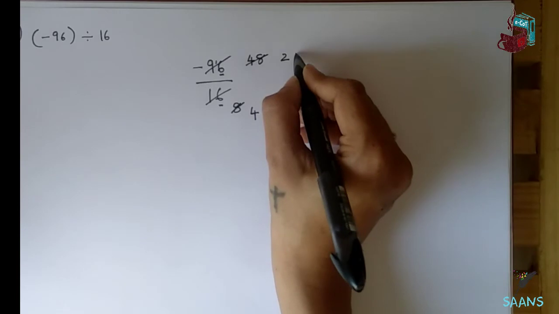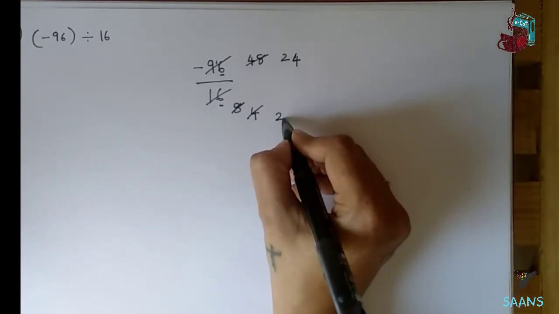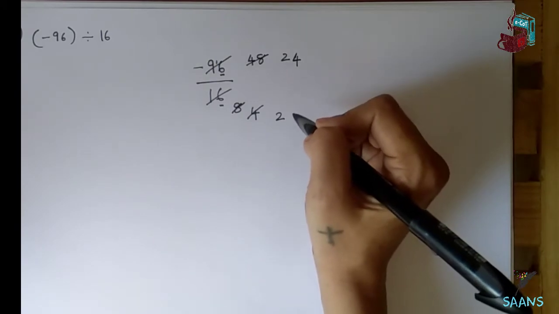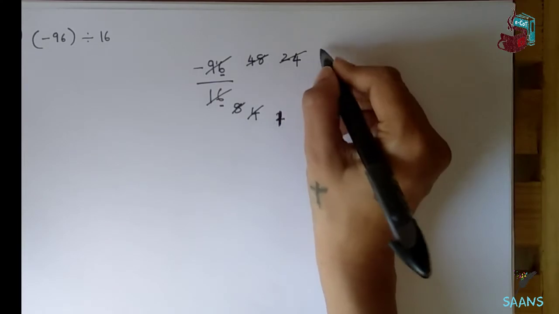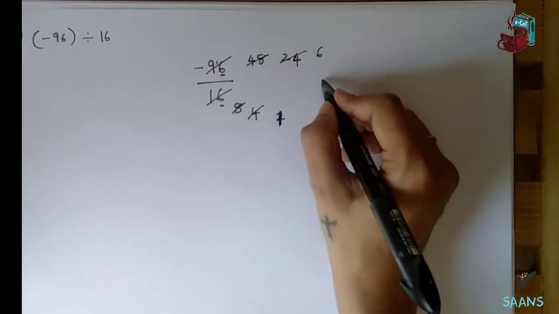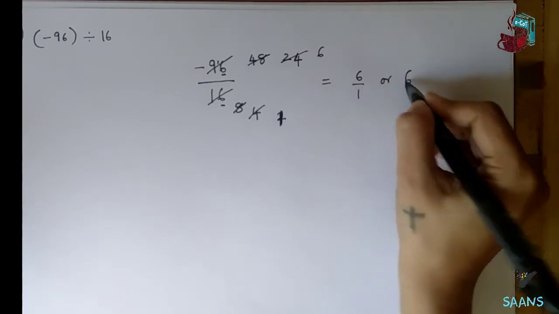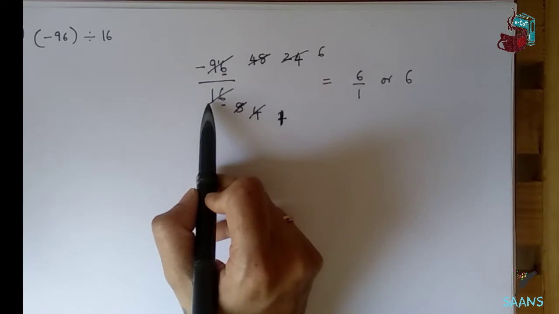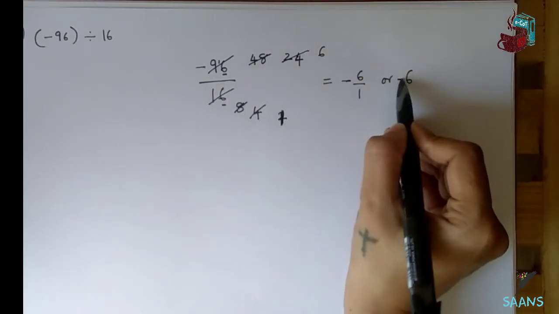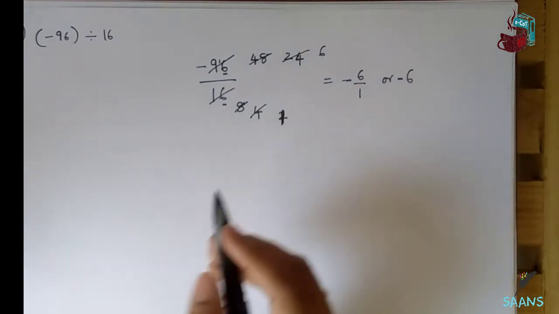Here you can directly do it in the 4 times table. 4 1s are 4, 4 6s are 24. So your answer is 6 upon 1 or 6. Now let's put the sign. A negative integer by a positive integer, the answer is always a negative integer. So let's go to the next sum.